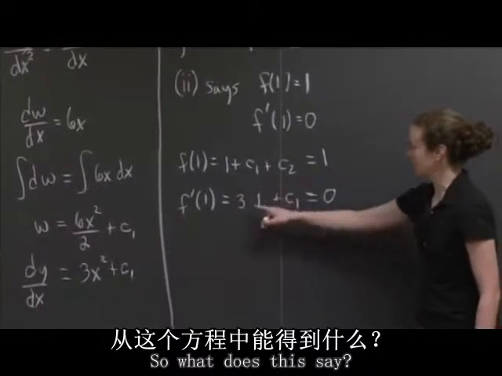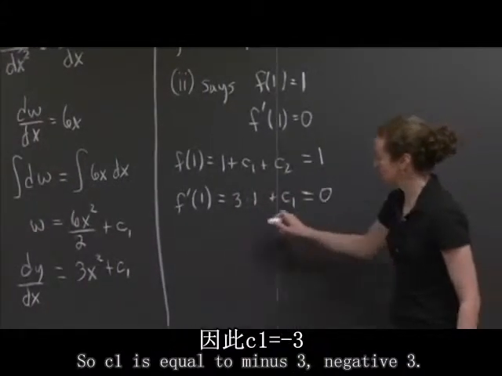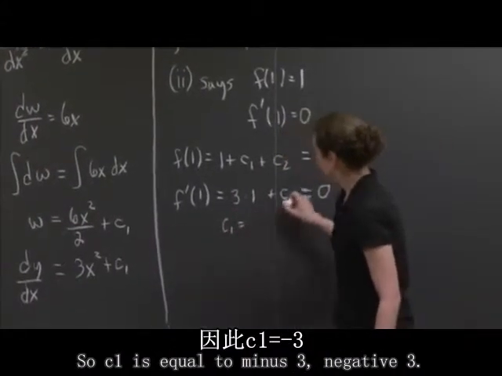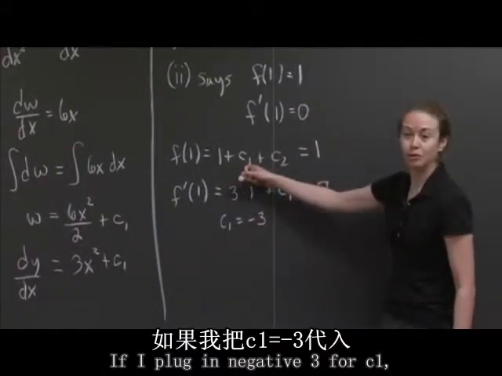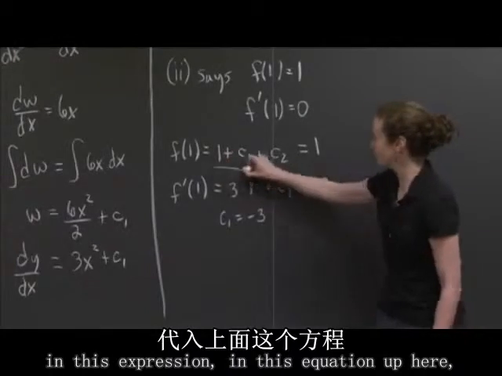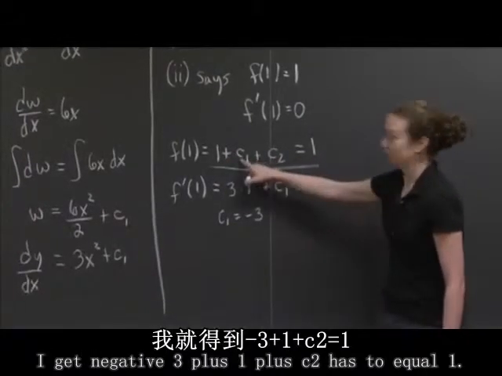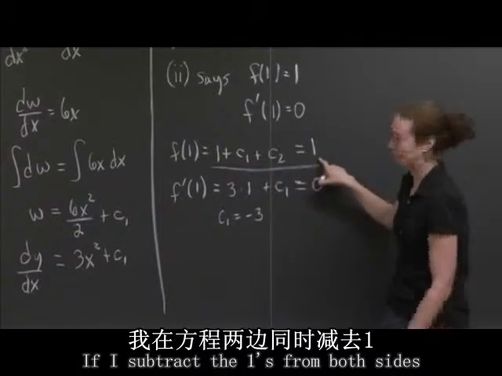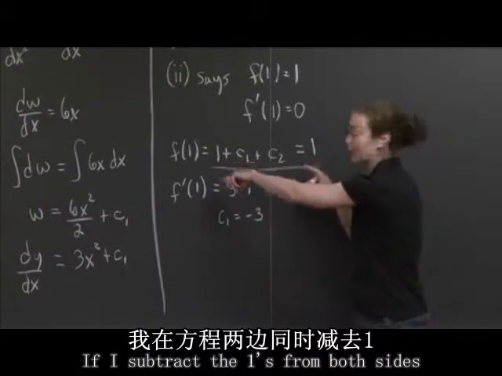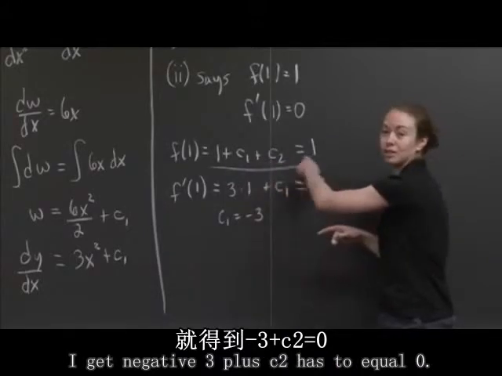So what does this say? Well, 3 plus c1 equals 0, so c1 is equal to negative 3. If I plug in negative 3 for c1 in the equation up here, I get negative 3 plus 1 plus c2 has to equal 1. If I subtract the 1s from both sides, I get negative 3 plus c2 has to equal 0.